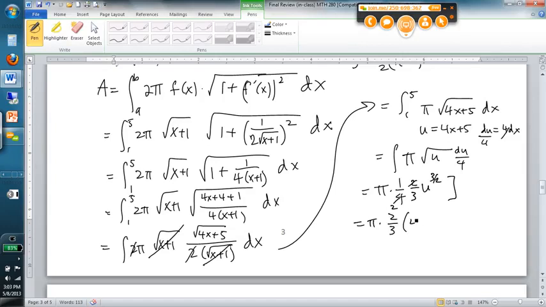U is 4x plus 5. I think that's why the choice of 1 to 5. So pi times 2/3. Plug in a 5, we have, to the 3/2, sorry. We have 25 to the 3/2 minus 2/3. Plug in 1, we'll have 9 to the 3/2. Whatever that works out to be.